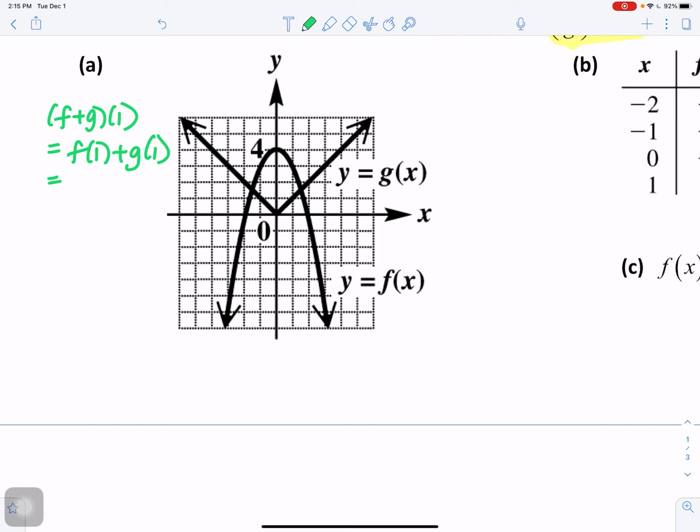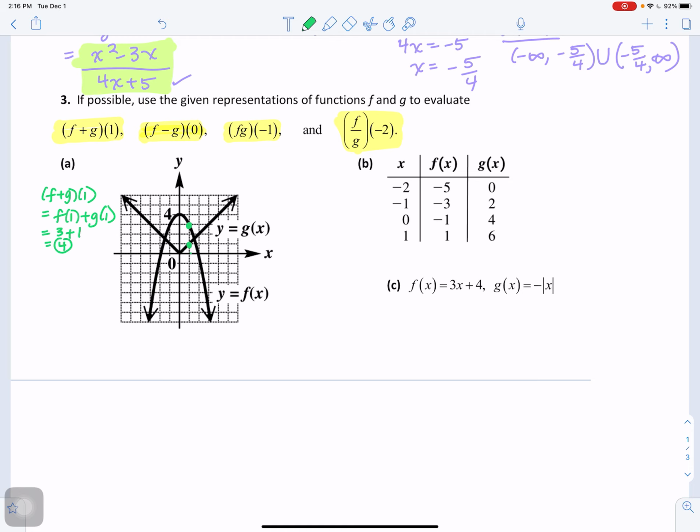So f of 1 is going to be, when x is 1, y is 3. And on g, when x is 1, y is 1. That's what I was staring at. And we're going to get 4. Okay? Let's do the next one.